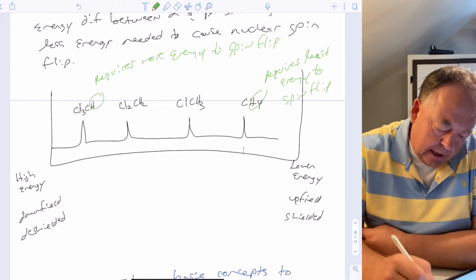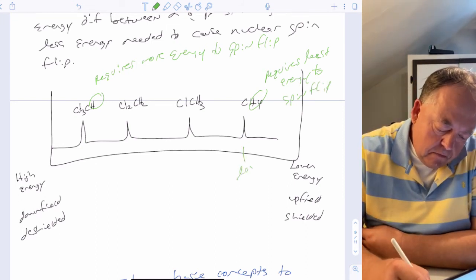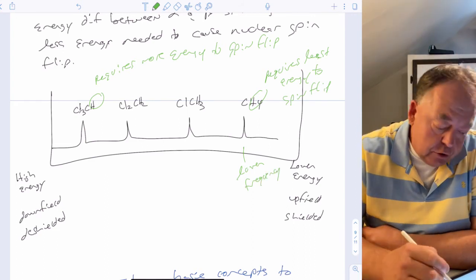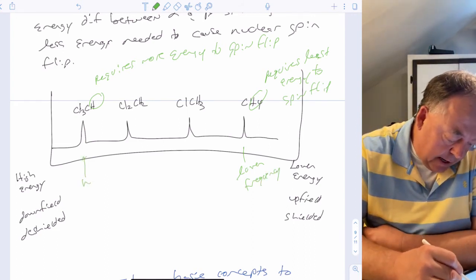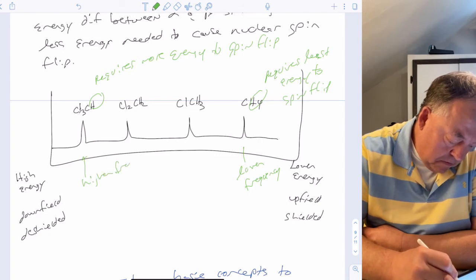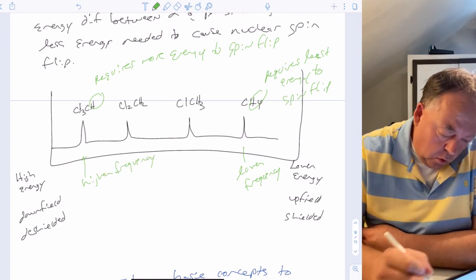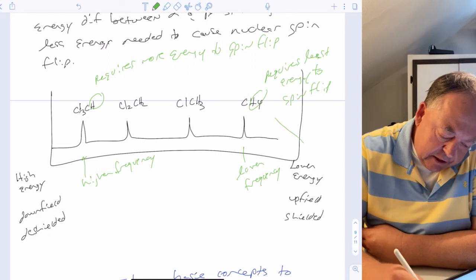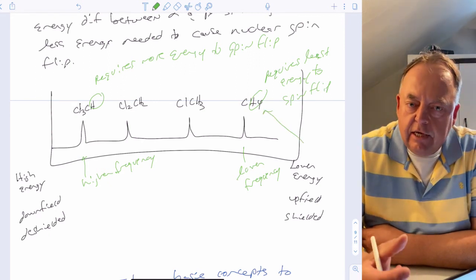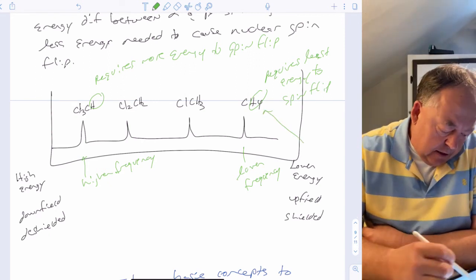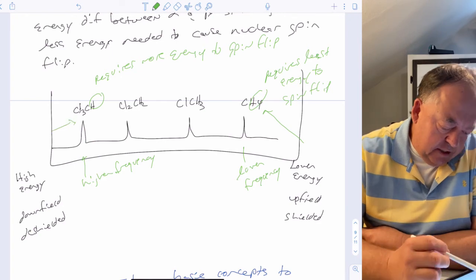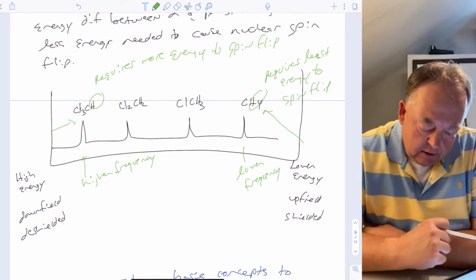So this is going to be at a lower frequency or a smaller chemical shift, and this is going to be at a higher frequency. Right, this hydrogen is shielded from the magnet by the CH electrons, whereas this would be deshielded. It's going to feel more of the magnet.